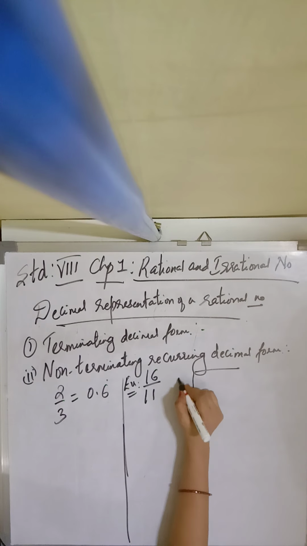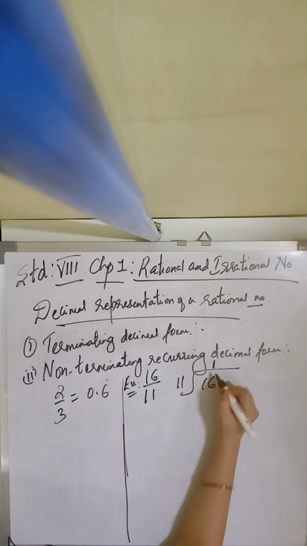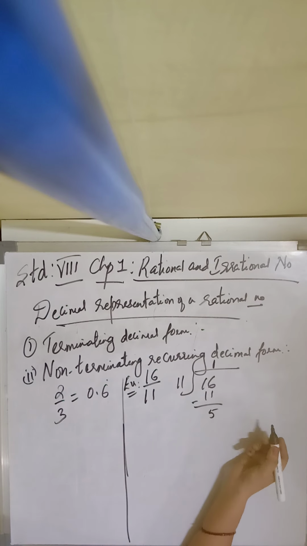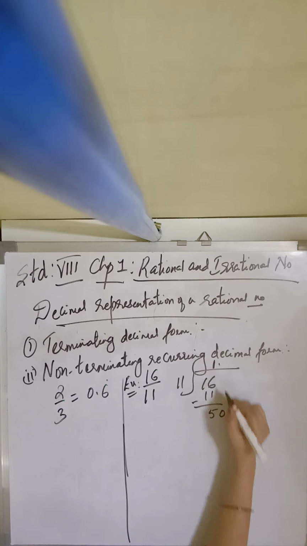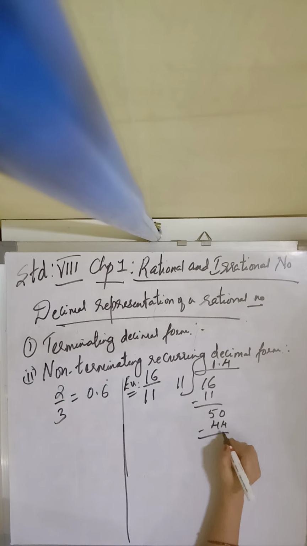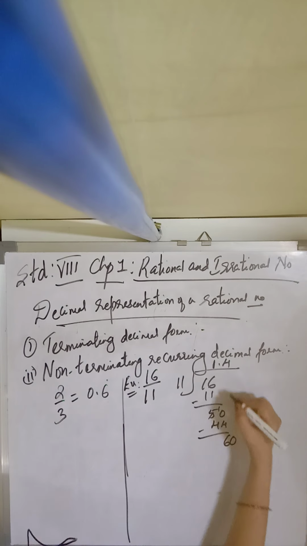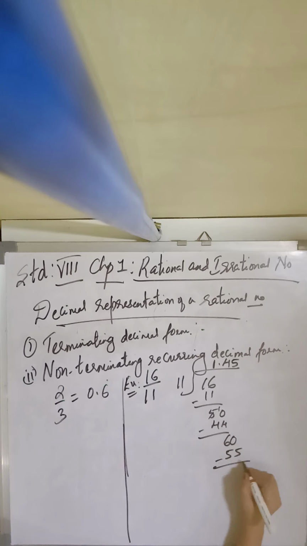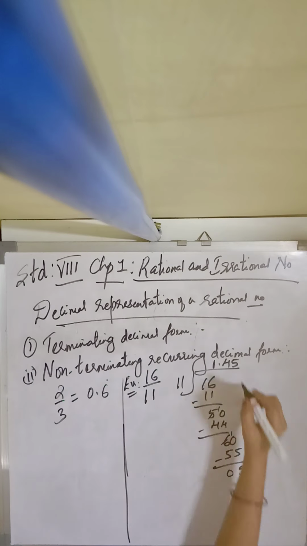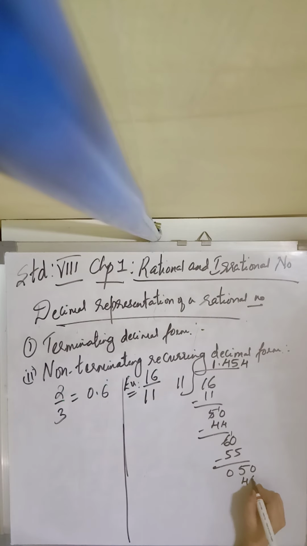So here is 16, now 11 ones are 11, so 6 minus 1 is 5, now not possible, 0, so 11 fours are 44, now 10 minus 4 that means 6, 4 minus 4, 0, again 60, 11 fives are 55, so again 10 minus 5 is 5, 5 minus 5, 0, and again 11 fours are 44, so that is 6, again 4 minus 4, 0, again 11 fives are 55, again 5, 0.